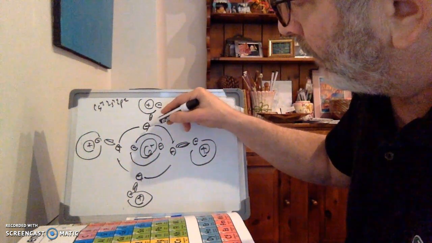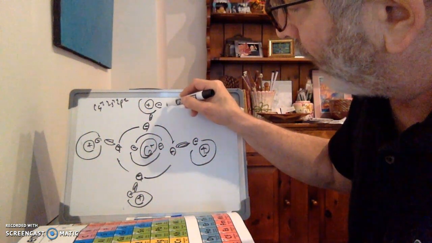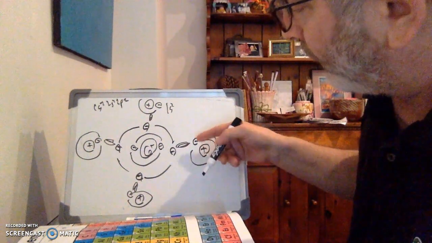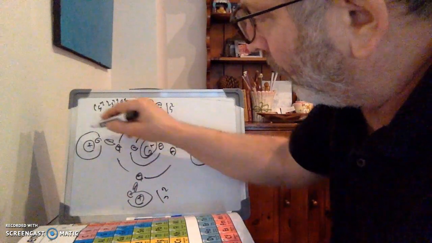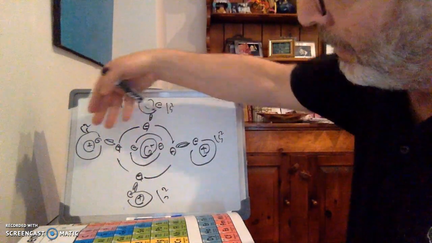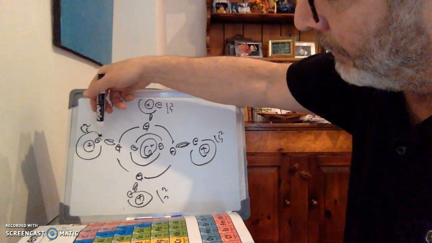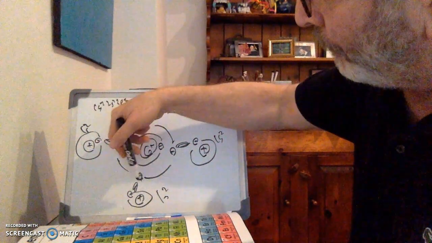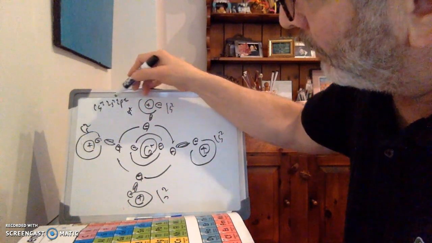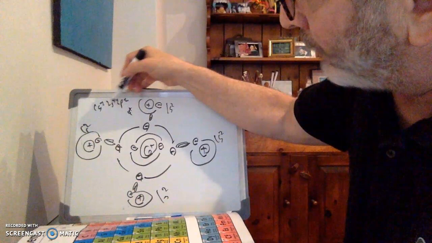This hydrogen is now sharing an electron, so he's happy. He's 1s2, and he's 1s2, very stable. All the hydrogens are satisfied because their orbitals are filled up, but the carbon is now sharing 1, 2, 3, 4 more electrons, which adds to these 4 here in the s and the p orbitals.